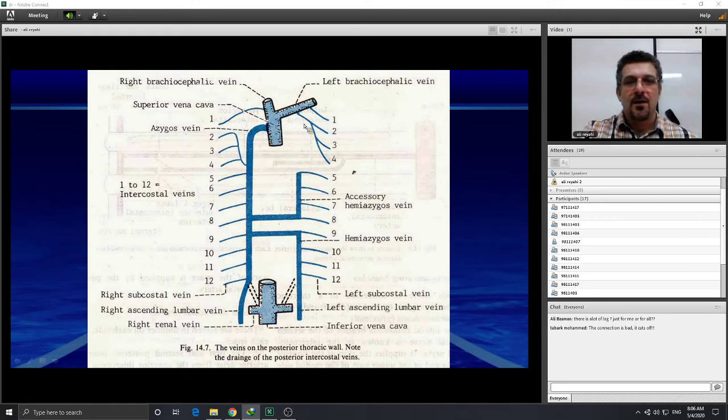On the right side, this vein is drained by the azygous vein. But on the left side, the left superior intercostal vein is drained by the left brachiocephalic vein, as you see.